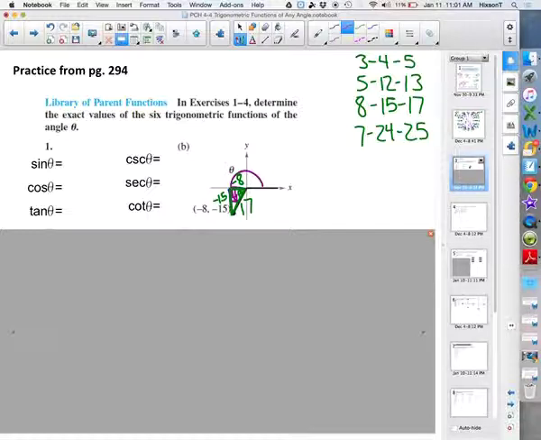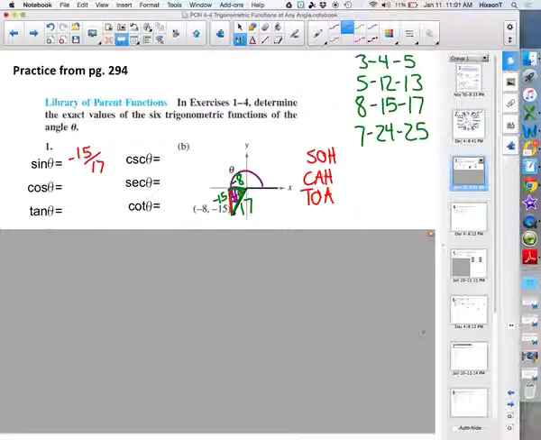Okay. Keep in mind our SOHCAHTOA. Sine is opposite over hypotenuse. So what's our sine? -15 over 17. Opposite the reference angle is the -15 over the hypotenuse 17.